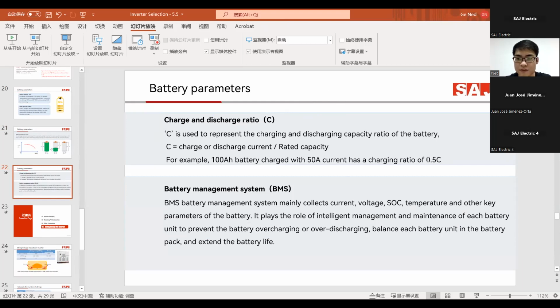If it is labeled 0.5C, that will be 50 ampere. Then is the BMS, the battery management system, monitoring the current, voltage, temperature, and a lot of battery parameters to help the inverter better control the system to charge or discharge.